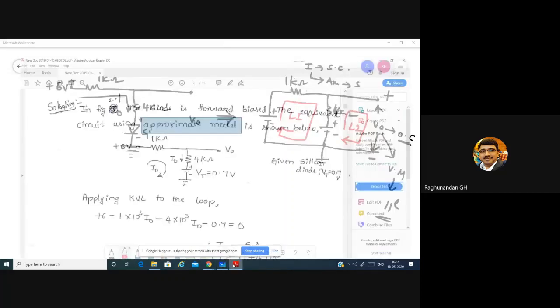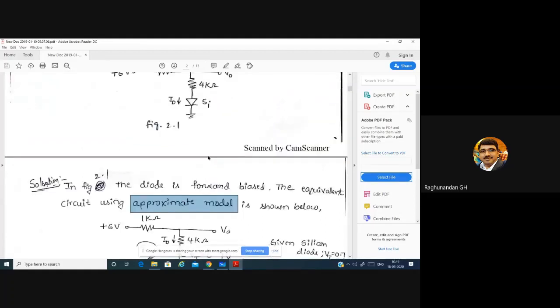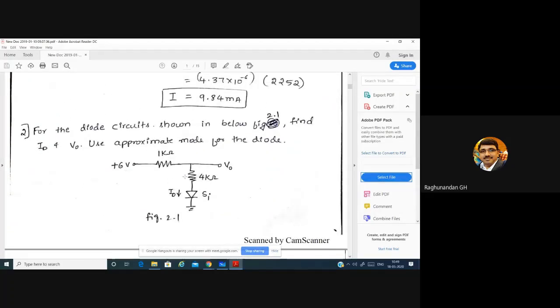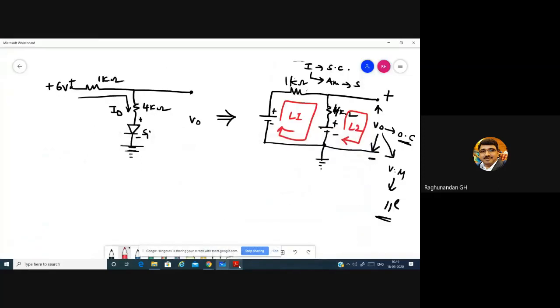What they have asked in the question is to find the forward equivalent circuit shown below. VT is 0.7 volt. They are asking to find ID and V naught. That means the forward current flowing in the circuit, and also the output voltage.